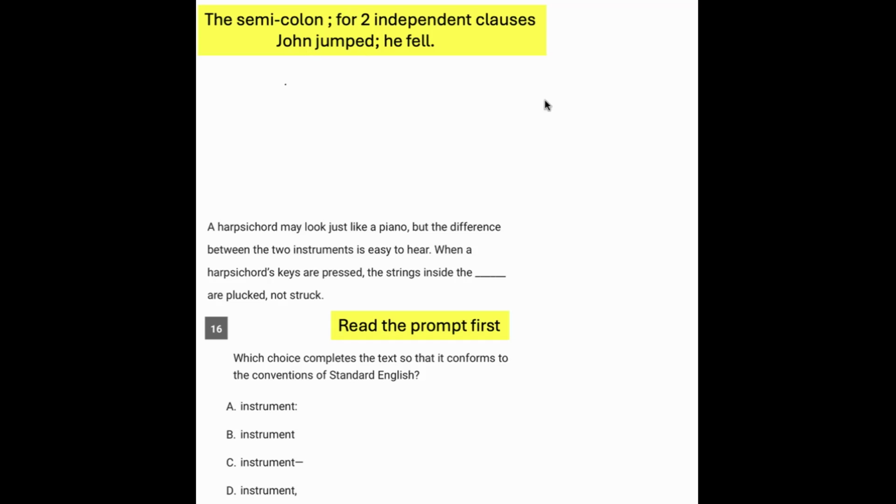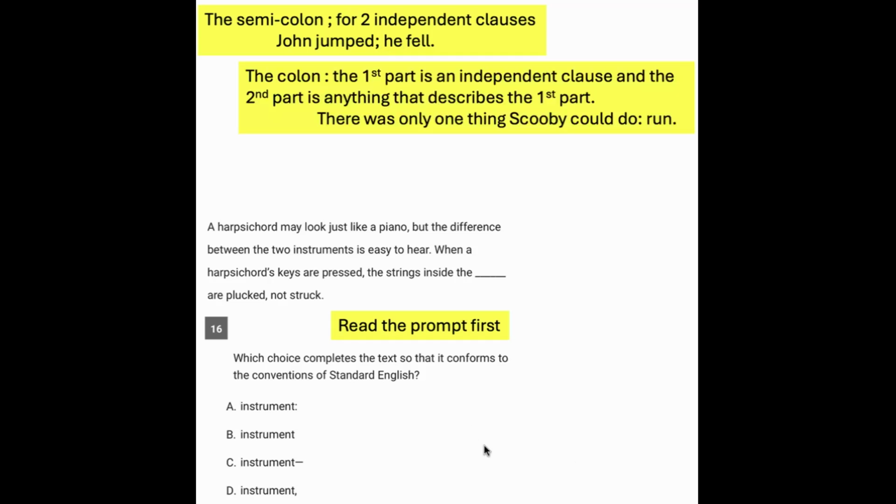John is the one who jumped. So if you have two independent clauses, you can put a semicolon in between or a comma and a FANBOYS word. You can also say "John jumped, and he fell," because FANBOYS words are for, and, nor, but, or, yet, and so. So right here, I could have a semicolon or a comma and a FANBOYS.